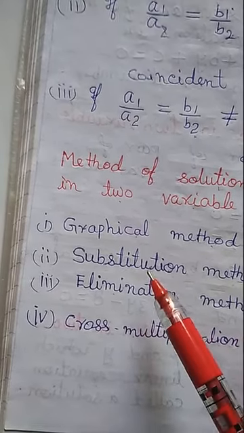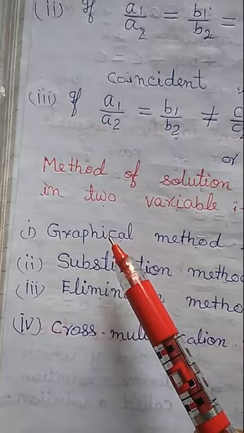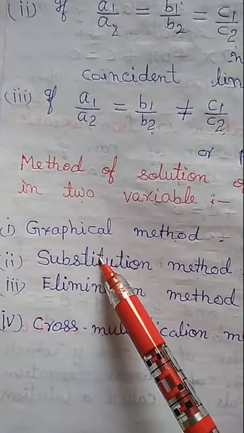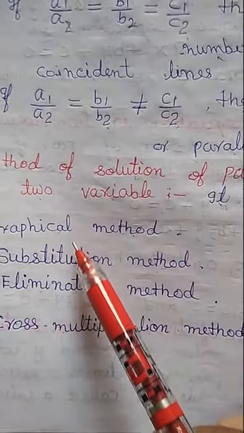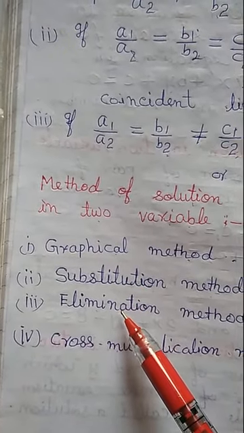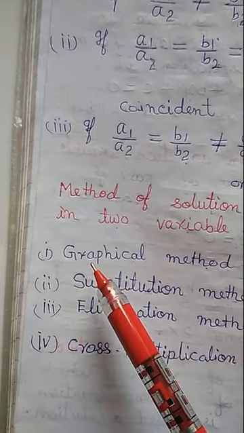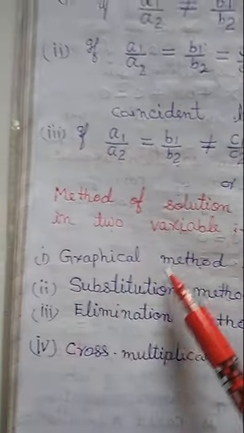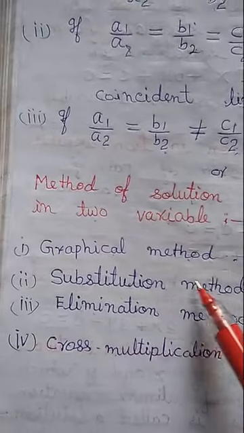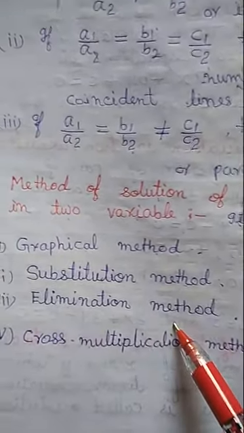Students, so you can say that by three methods you can find the solution of a pair of linear equations in two variables. It means by graphical method or substitution method or elimination method.